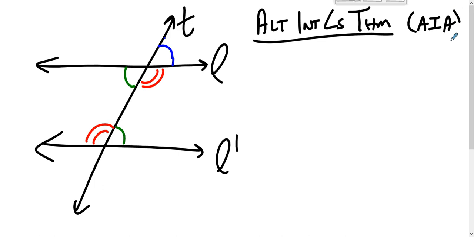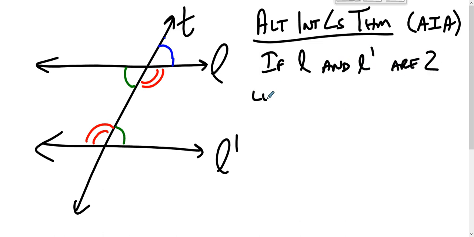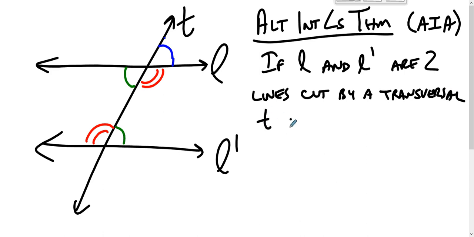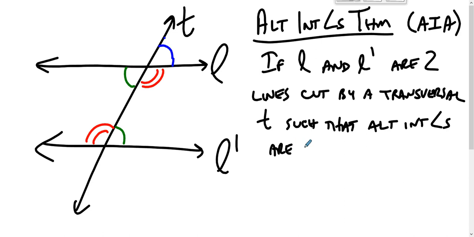sometimes abbreviated AIA. The alternate interior angles theorem says that if L and L prime are two lines cut by a transversal such that the alternate interior angles are congruent, then L is parallel to L prime.